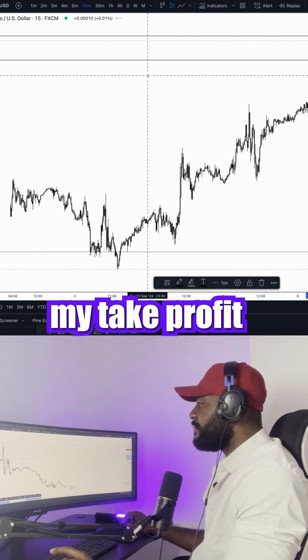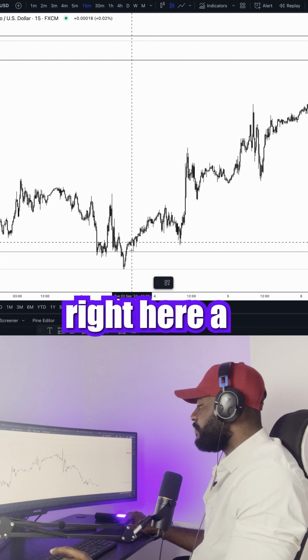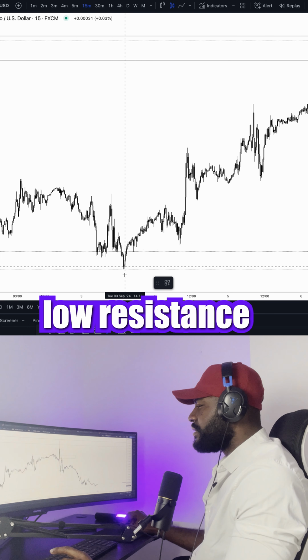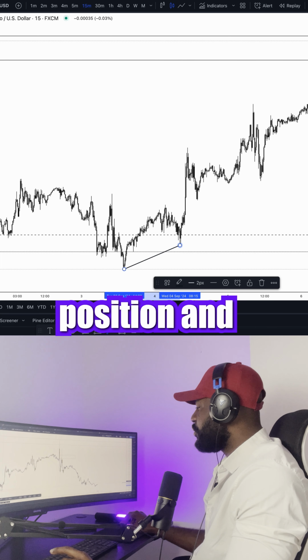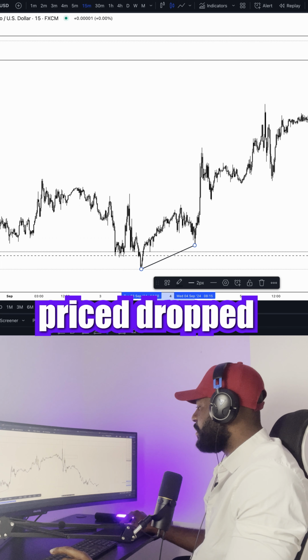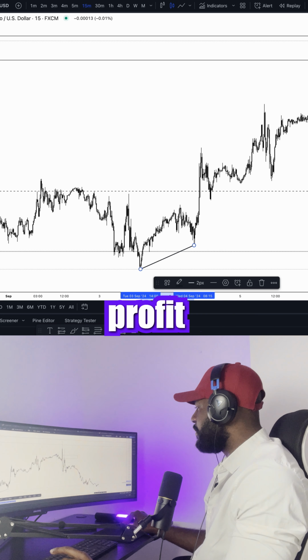For my take profit position, I'll look for low resistance liquidity zones, and right here is a low resistance liquidity zone, so I'll use that as my take profit position. You can see how nicely price dropped straight down into that key level, smashing the take profit position.